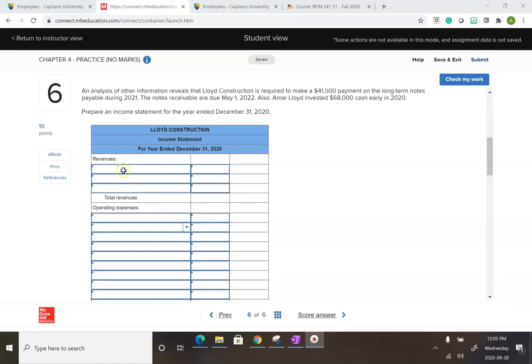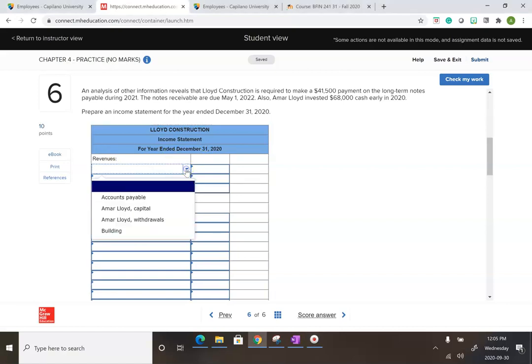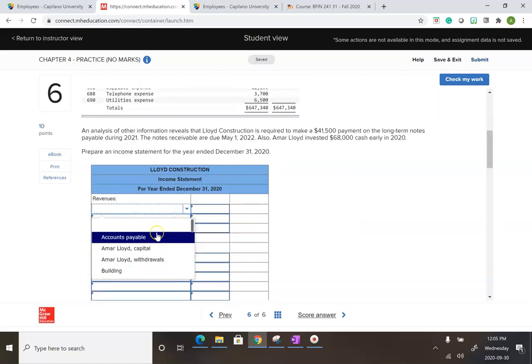Now here is where we're going to list our revenues. What I've been told is to list everything from the biggest revenue to the smallest revenue, and the biggest expenses to the smallest expenses. In real life, we usually just do them alphabetically. So I'll just do it from biggest to smallest.